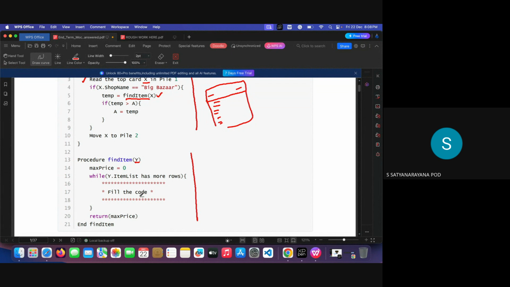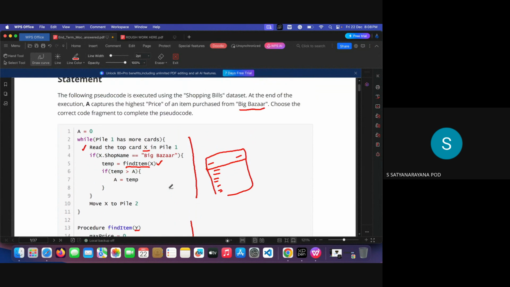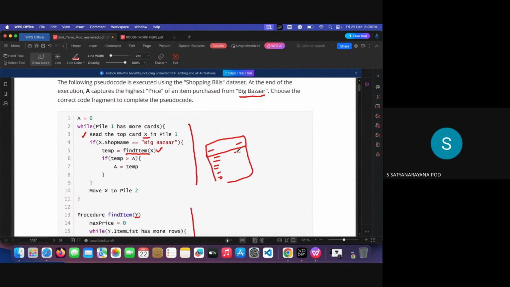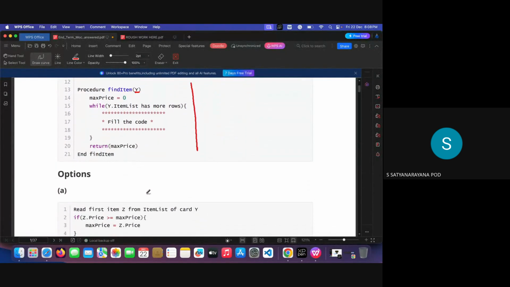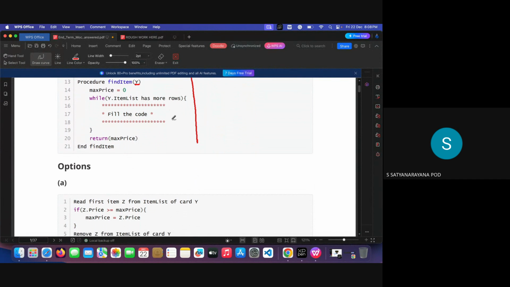So in this, we do something. As per the question, we need to find the highest price of the item. Each item has a price also, so we want to find the highest one. So that goes here. We have to find the correct useful procedure, the part for filling the code.